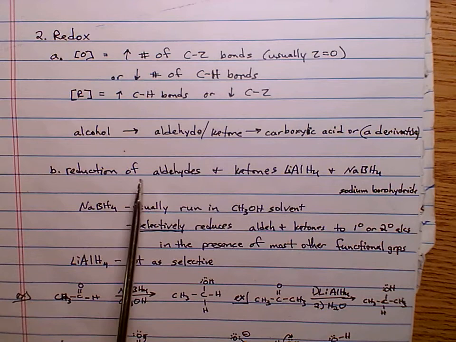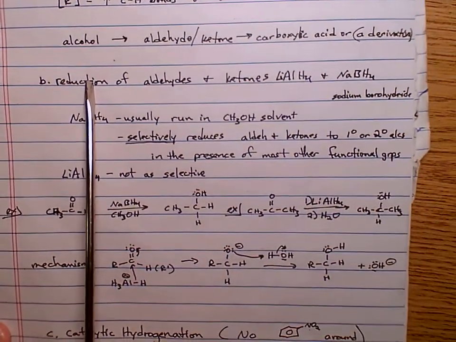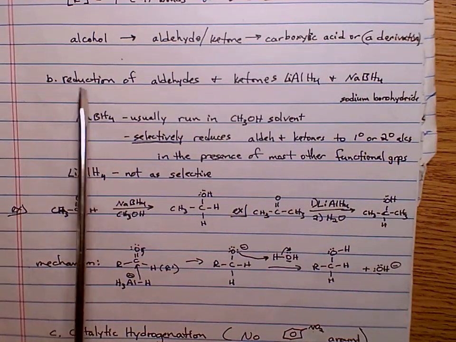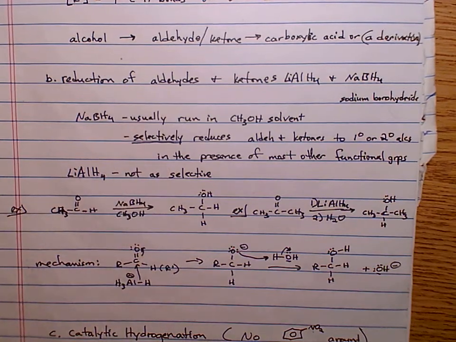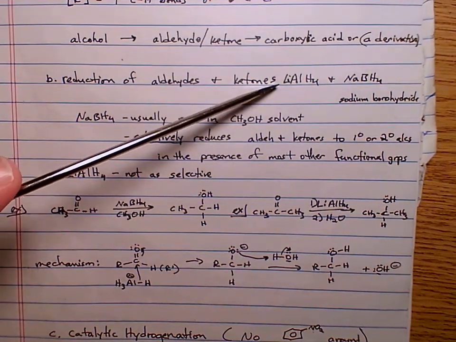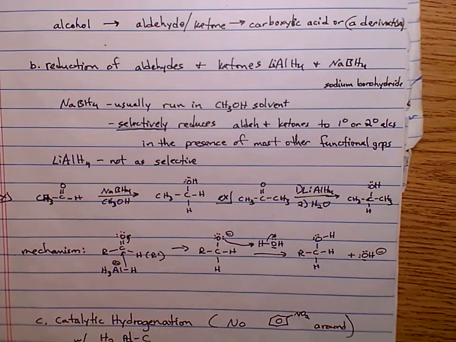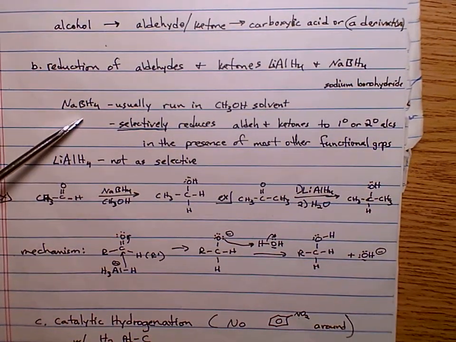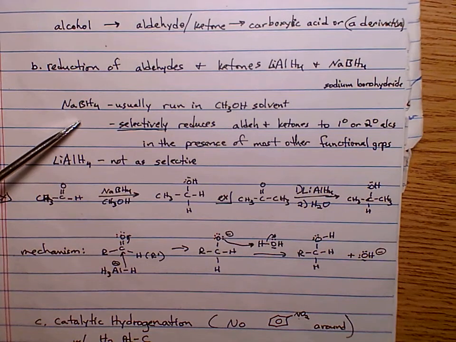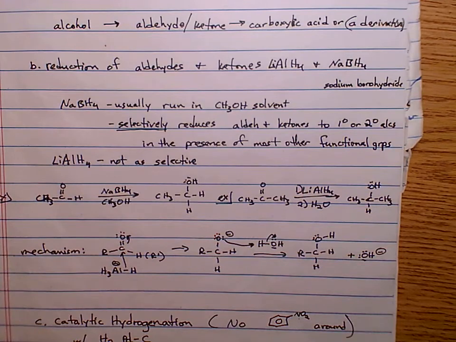All right. Reduction of aldehydes and ketones, we've got two main reagents we can use, lithium aluminum hydride and sodium borohydride. It is much preferred to use sodium borohydride to run your reduction of aldehydes and ketones, usually with methanol as a solvent.